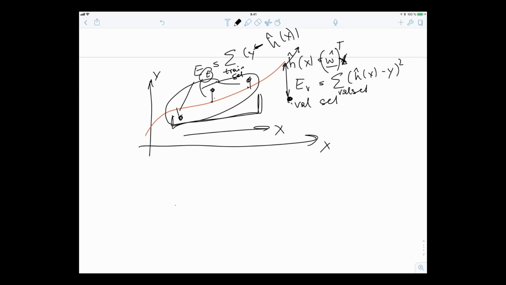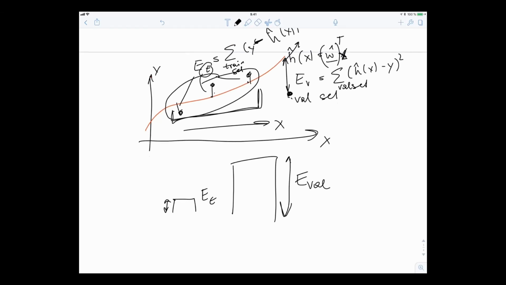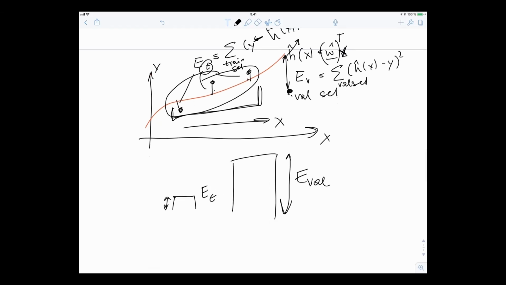Let's say we have a small training error like this. I like to illustrate this with a bar chart, and a small validation error. What should you do? You could go to the boss and ask what I should do. Or what could you do? Any ideas? Sorry?